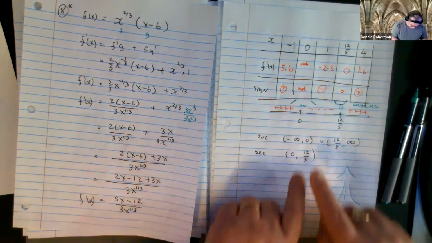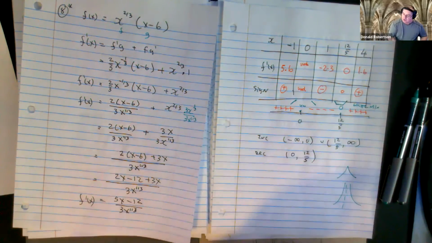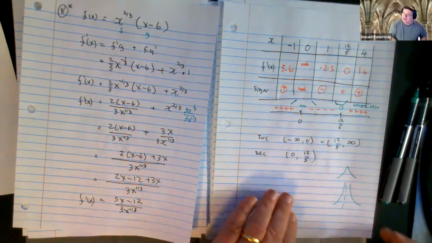But why did this go funny? Well, it went funny because the derivative was undefined. And we know undefined tends to make weird things happen. So I can understand why that's the case. So I hope I sold you that you really do want to do these guys the old-fashioned way. And then, in the future, yeah, use a calculator.